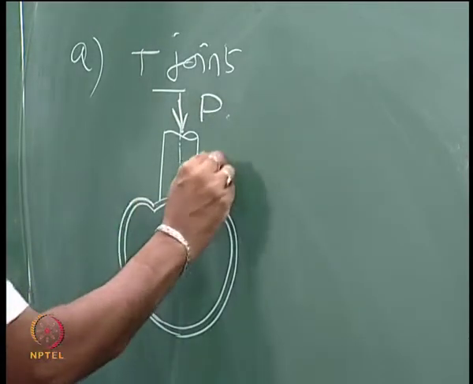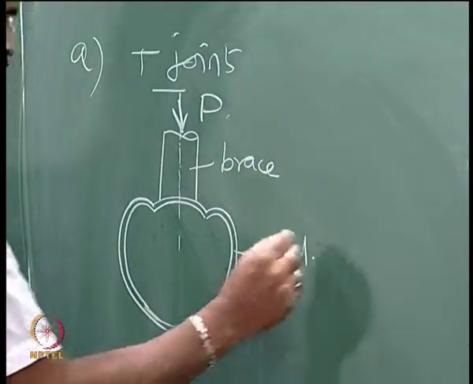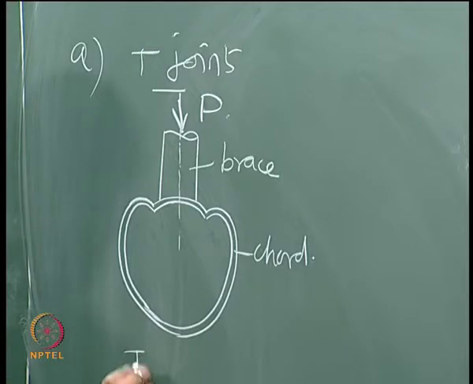This is what we call a brace, this is what we call a chord, this is a T joint under compression.